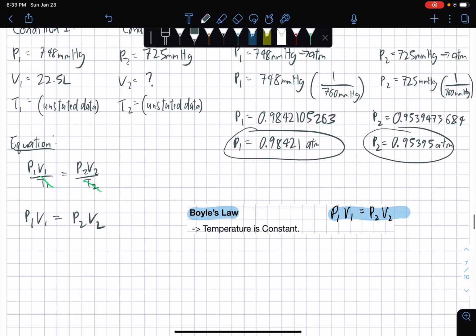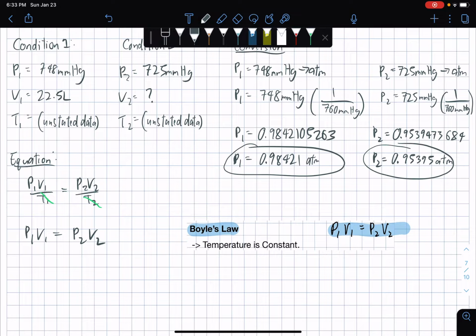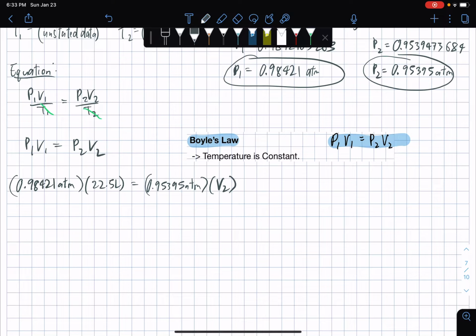Alright, let's restart. Let's start from this. P sub 1 is 0.98421 atmosphere times V sub 1, which is 22.5 liters, is equivalent to 0.95395 atmosphere, which is this one, times our V2, which is unknown. Divide both sides by this value.